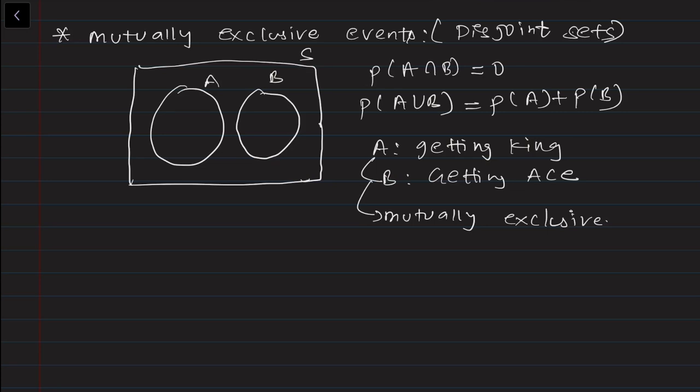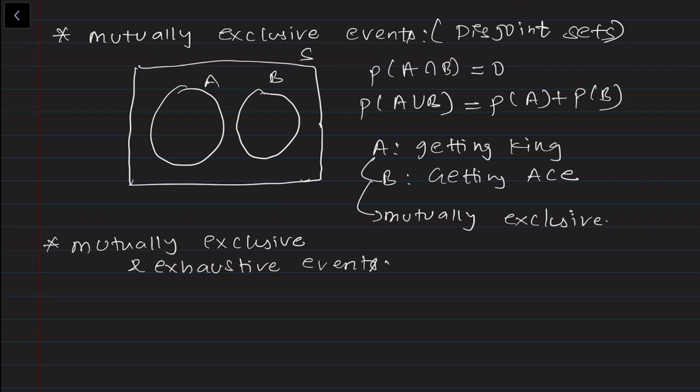All right. Now there is one more term, that is mutually exclusive and exhaustive events. Exhaustive means the possibilities or the total events will make up the sample space.